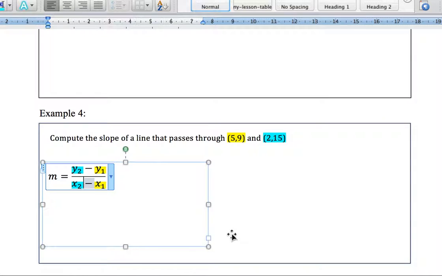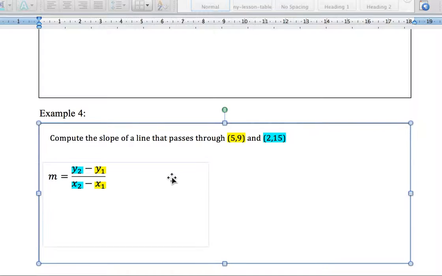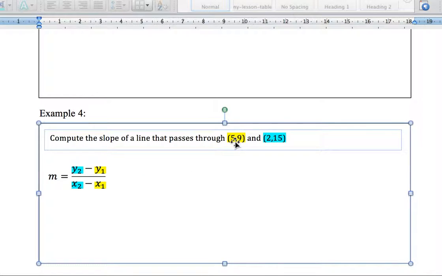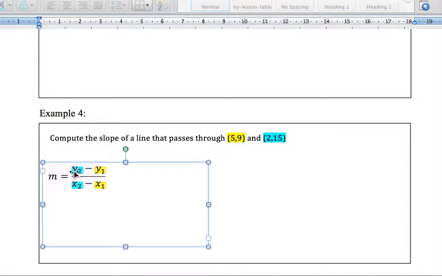Now again, I've said this, but I'm going to say it again. It doesn't matter which is point 1 and which is point 2. You can do it either way, so long as you're consistent. So if you choose that 5 and 9 is point 1 or point 2, it doesn't matter. You just can't make one of the coordinates point 1 and one point 2.